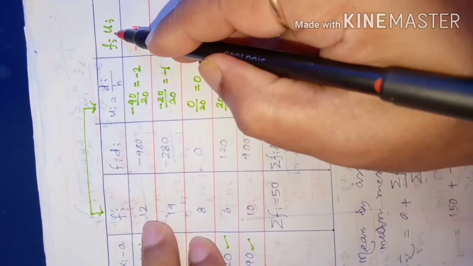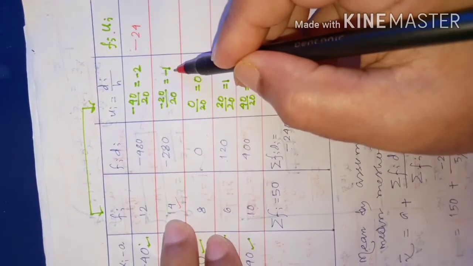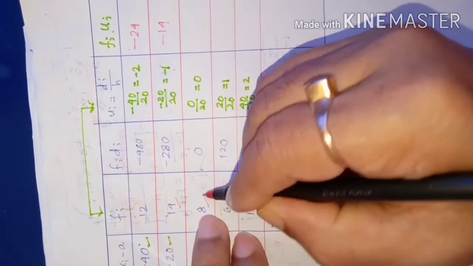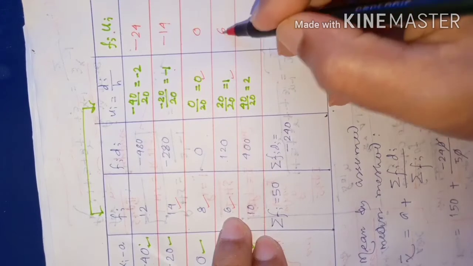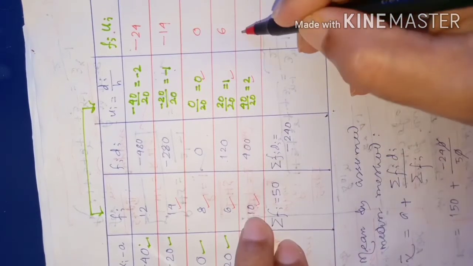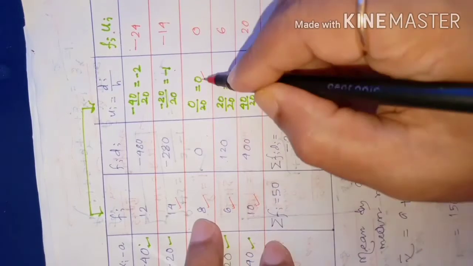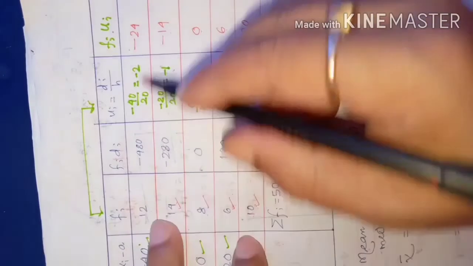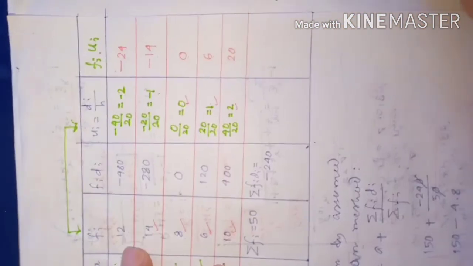The heading will tell you everything. 14 here and minus 1 here, so it becomes minus 14. 8 here and 0, that will be 0. 6 here and 1 here, 6. 10 twos are 20, 6 ones are 6, 8 zeros are 0, 14 times minus 1 is minus 14, 12 times minus 2 is minus 24. So now what is the next step? You add all of this. Here you write sigma.